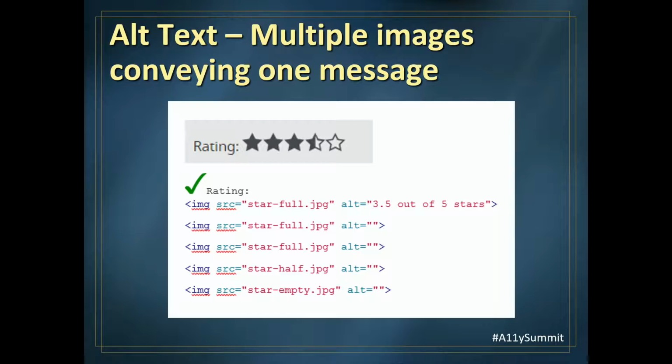If we did a quick look at the source code, we're actually applying the alt to the first image, which in this case is 3.5 out of 5 stars, and the rest of them had empty quote, quote, alts. This is more for a developer on the web application side of things, but it gives you an example of the different kinds of things that have to be thought about when it comes to images.